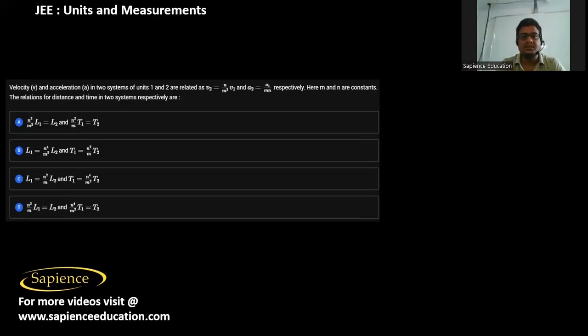Then here it is told that velocity v and acceleration a in two systems of units 1 and 2 are related as v2 equals n by m square v1 and a2 equals a1 by mn respectively. Here m and n are constants. The relations for the distance and time in the two systems respectively are asked.